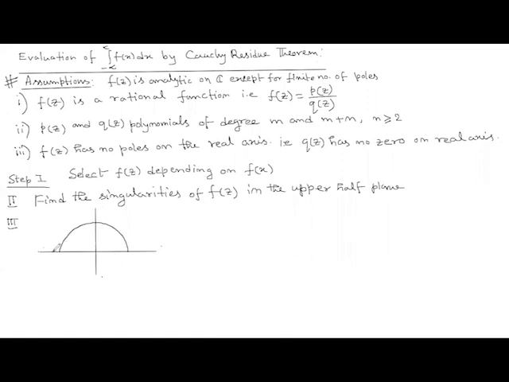So here we'll take a semicircular curve from minus r to plus r, and this is the curve C, which consists of C1 and C2.